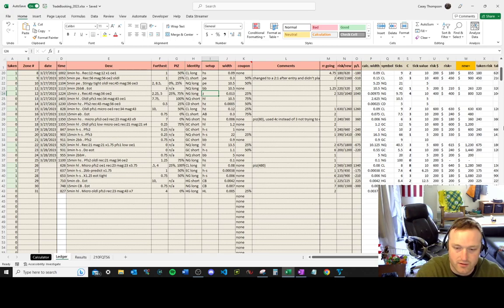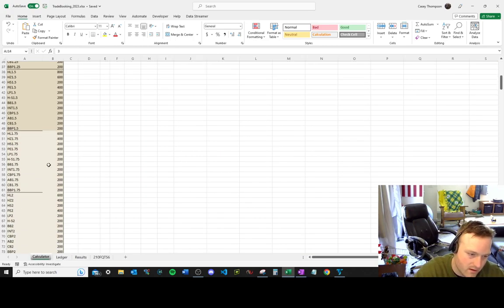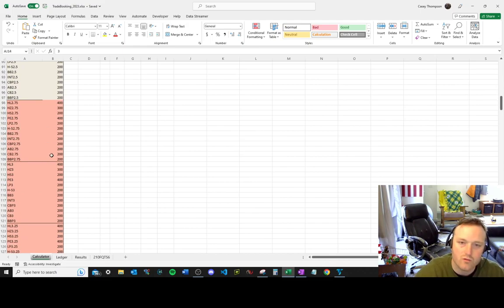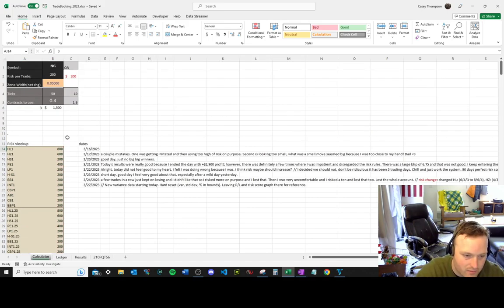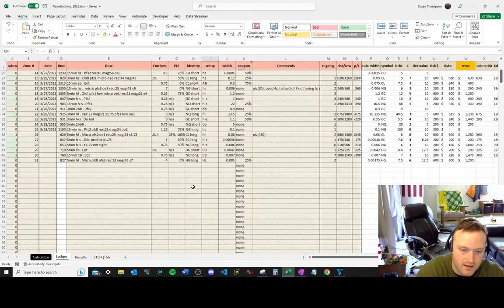It's set up for me. The risk is set up for me. All the risk is laid out here in the VLOOKUP. You can go from 1-to-1 all the way to 10-to-1 in increments of 0.25. You can write whatever you want. Everything, I repeat, everything is set up for you.